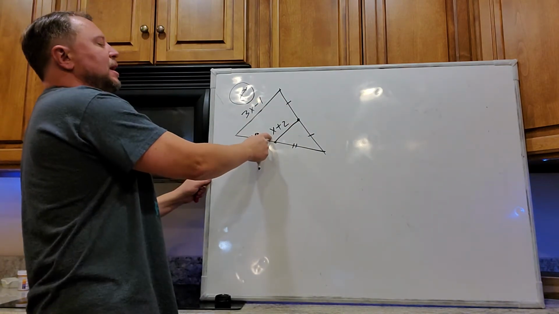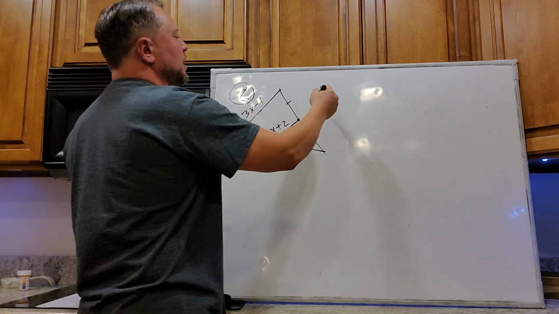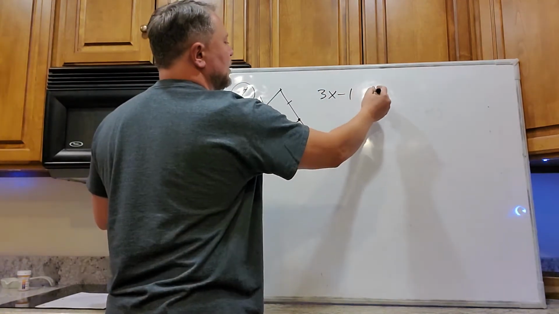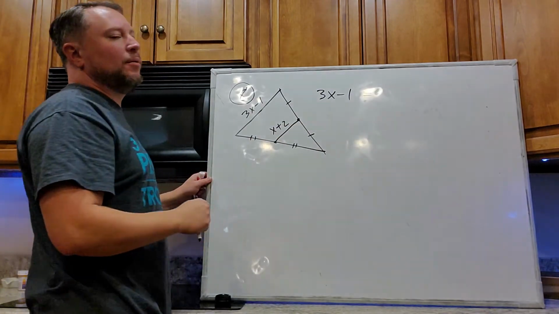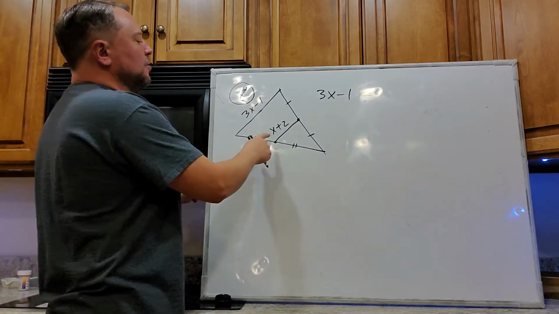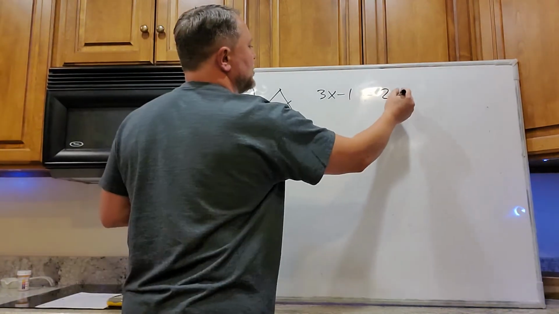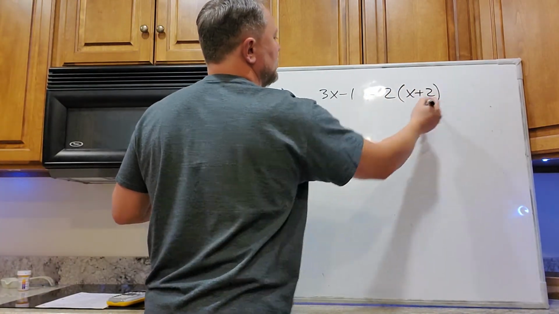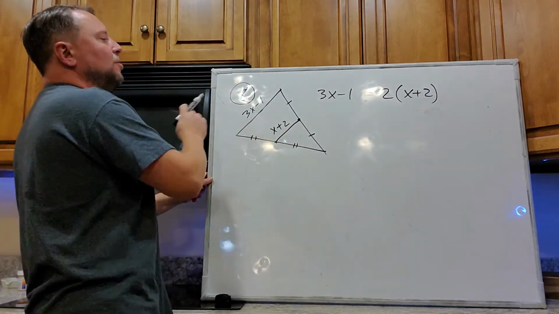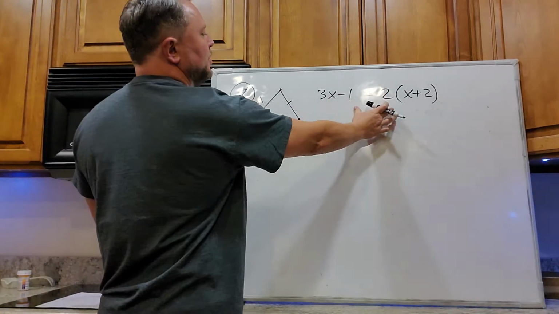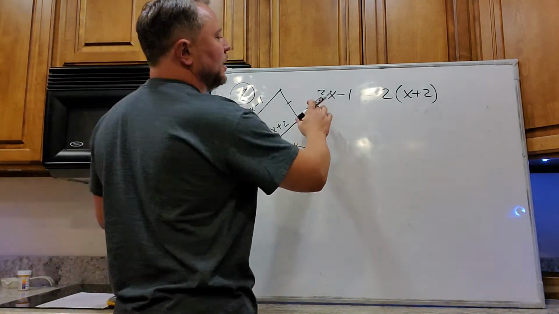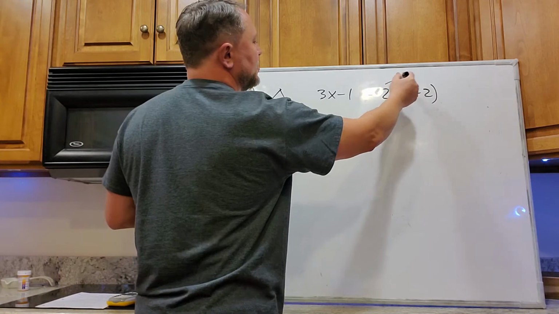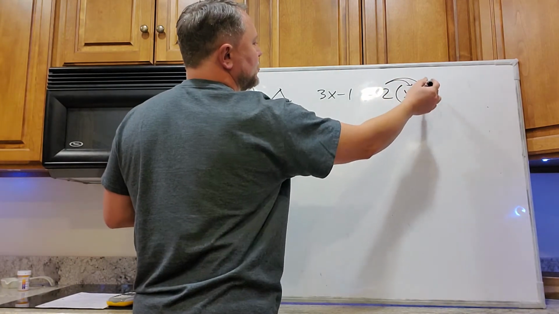So if this one's exactly half of that one, then if I want to write an equation, if I want to make them equal, then I'm going to take the smaller one right here and I'm just going to double it. 2 of those, 2 of these should equal 1 of those. So there's my equation. Now I just got to solve for x. First thing I'll have to do though is distribute right here.